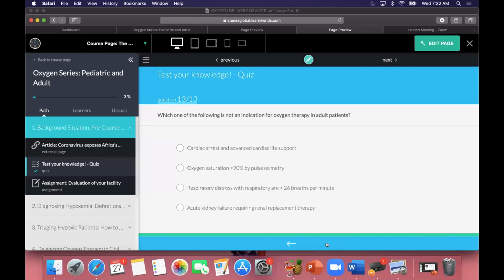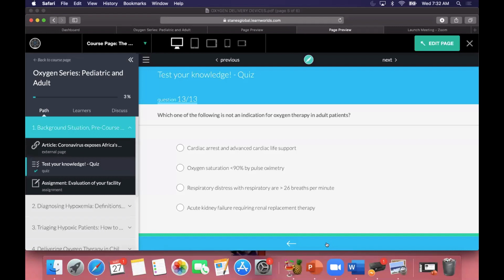Which one of the following is not an indication for oxygen therapy in adult patients? Cardiac arrest and advanced cardiac life support, an oxygen saturation less than 90% by pulse oximetry, respiratory distress with respiratory rate greater than 26 breaths per minute, and acute kidney failure requiring renal replacement therapy or dialysis.